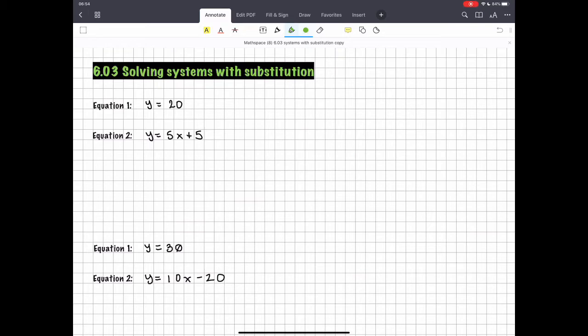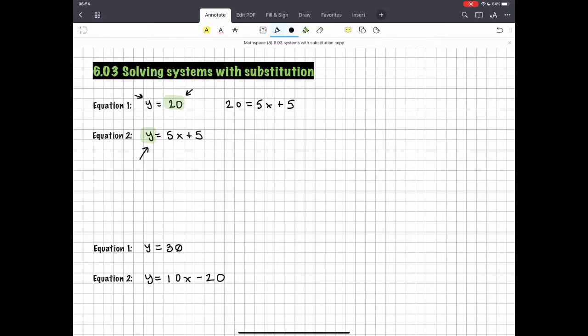So what I'm going to do is replace the y in equation 2 with 20, because y is the same as 20. So I'm going to write it out like this: 20 equals 5x plus 5. How did I get this? I replaced this y with 20.